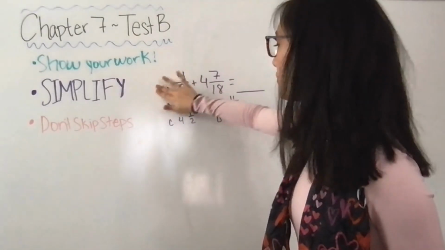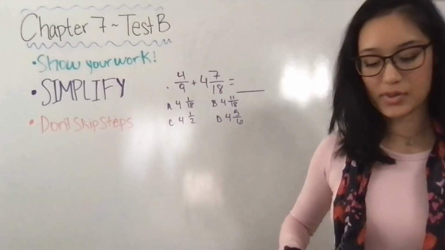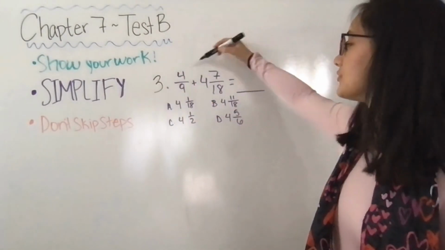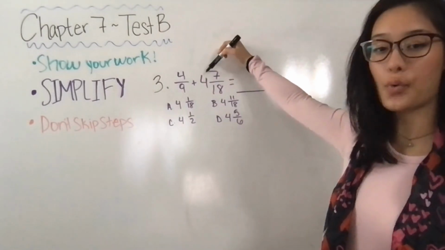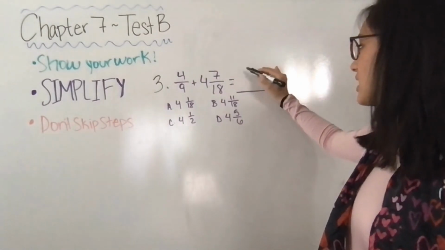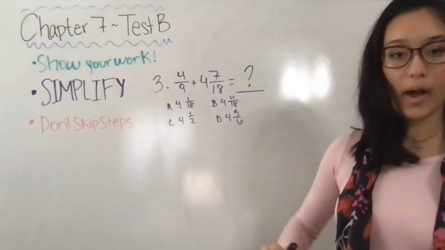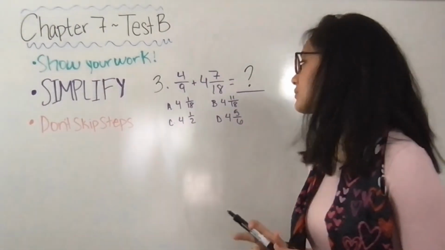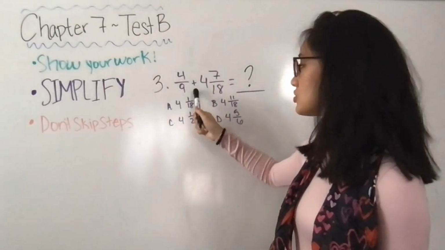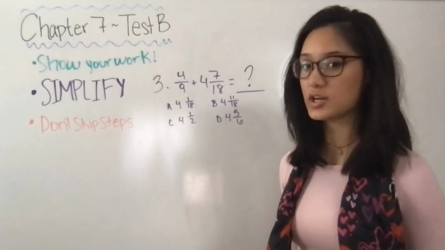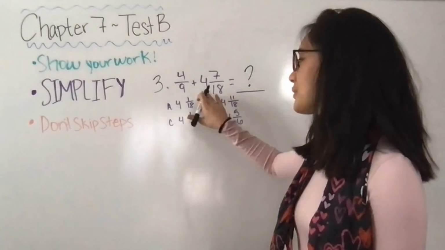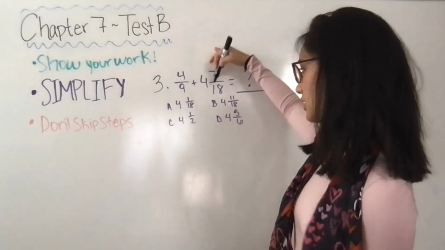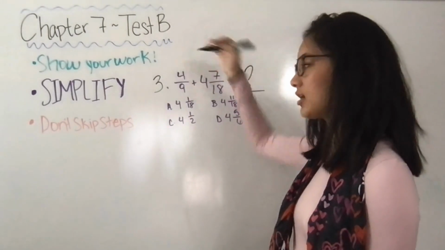Our next problem is problem number 3. 4/9 plus 4 7/18 equals what? You are again given 4 options. What do we start out with when adding or subtracting fractions? You have to have a common denominator. So, can the common denominator be 9?